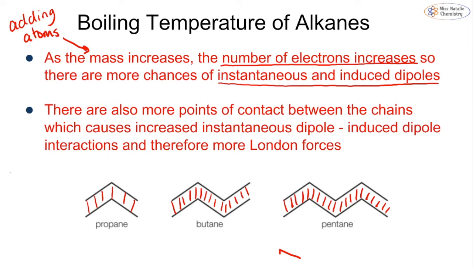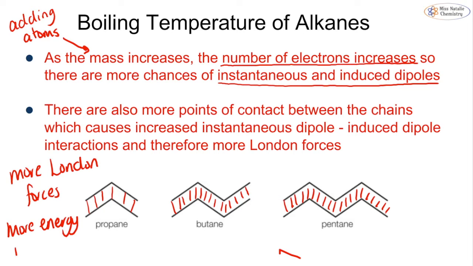And the more London forces, the more energy is needed to break them, and that gives us our higher boiling point. So anytime you're asked about boiling points, it is all to do with how many London forces there are, because that will then tell you how much energy is needed. The more London forces, the more energy is needed to break those.